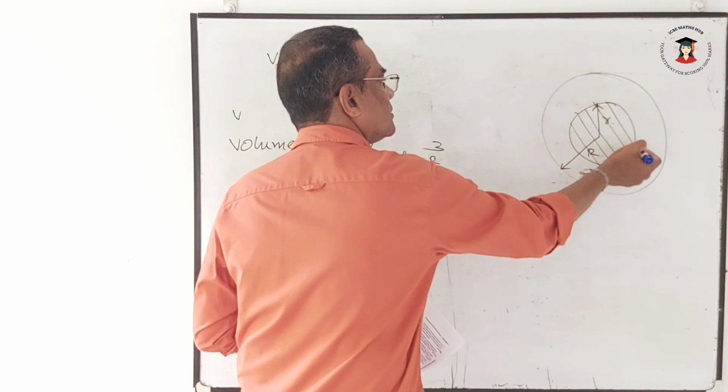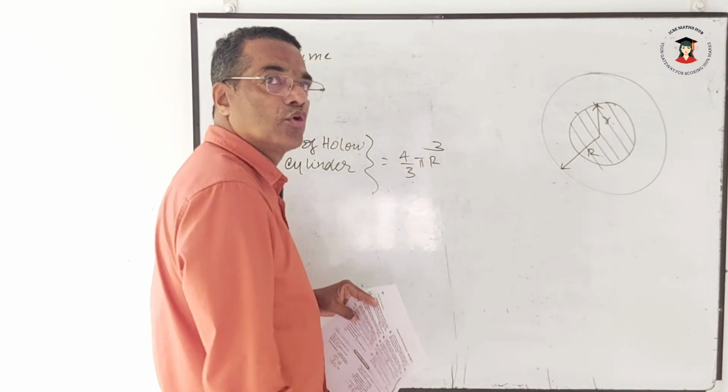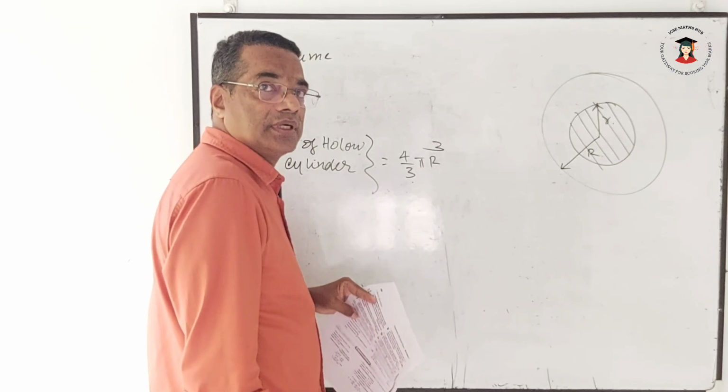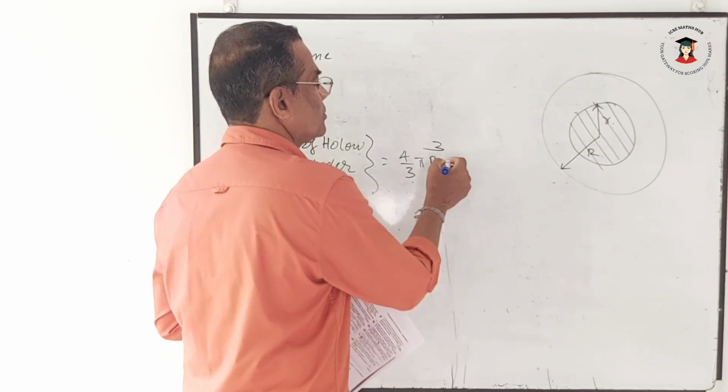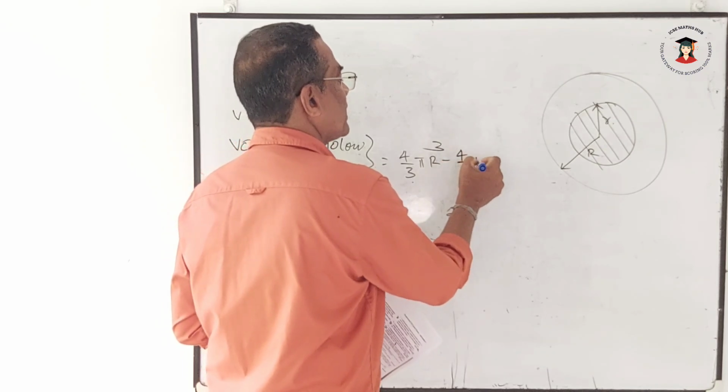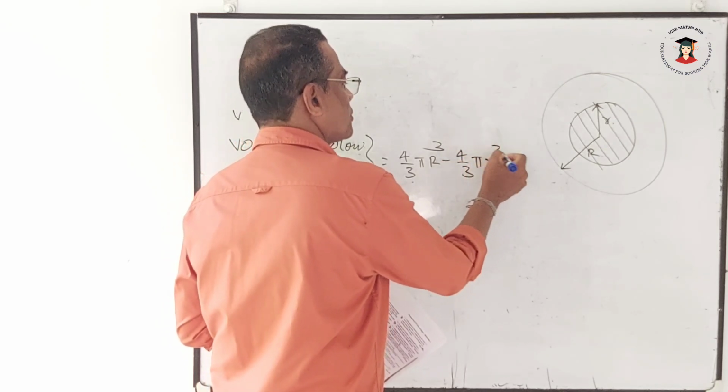The portion I am shading is hollow, so that volume need to be subtracted. 4 by 3 pi r cube.